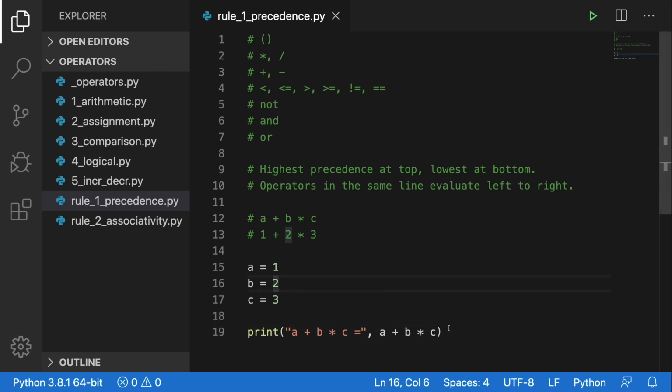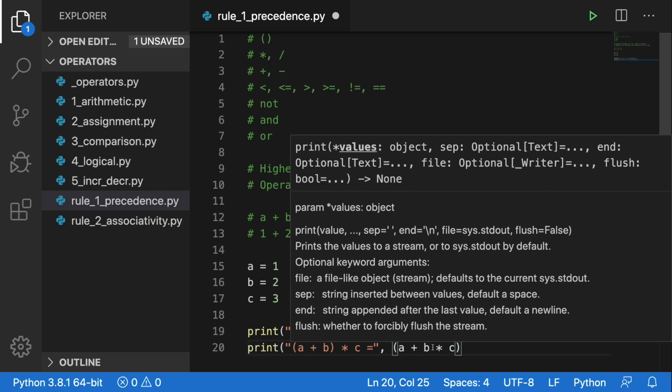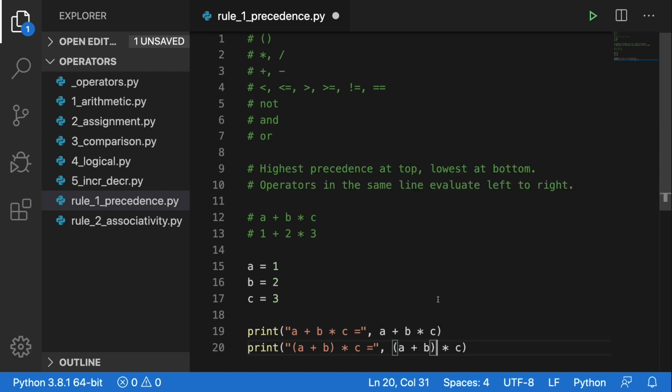Okay, let's see another example based on this one. What if I put parentheses around this arithmetic addition expression? In this example, parentheses have the highest precedence.